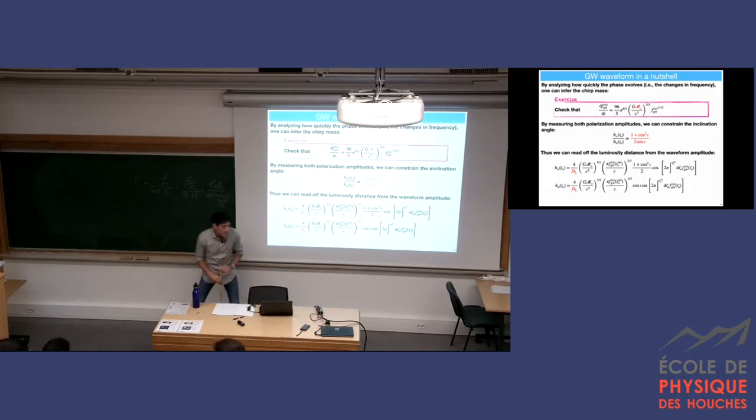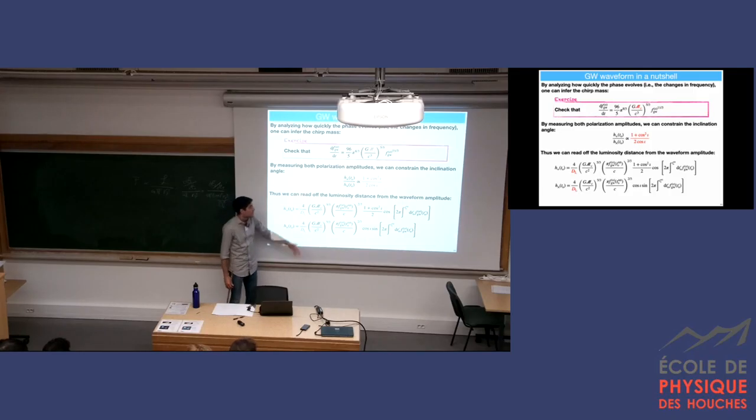Okay. This was just to show why we, in general, can obtain information on DL. So there is a problem, right? The problem is that to obtain DL, there will always be some degeneracy between this parameter and, for example, iota. And so we have to be able to break this degeneracy in some way.